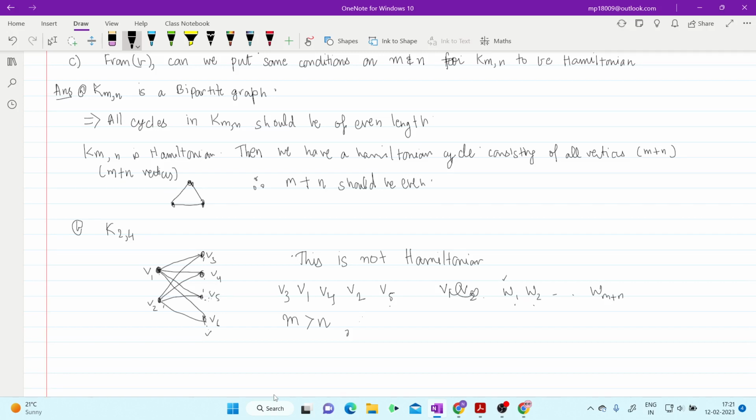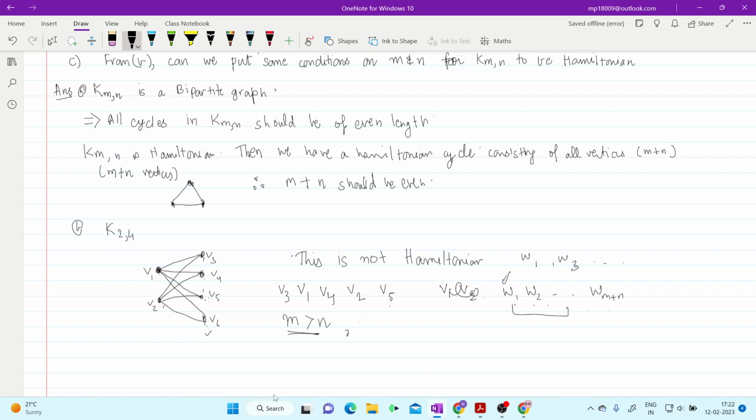All the vertices should be alternating, so W1, W3, and all the odd vertices should come from set A, and all the even vertices should come from set B. And we know that m plus n is even. So if m is greater than n, this complete bipartite graph cannot be Hamiltonian.